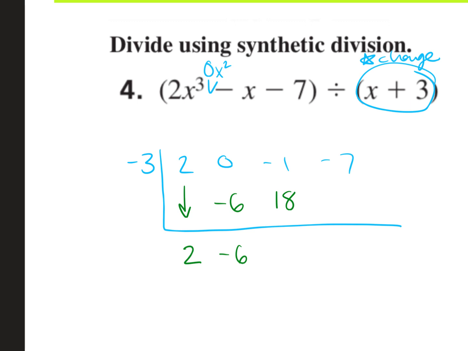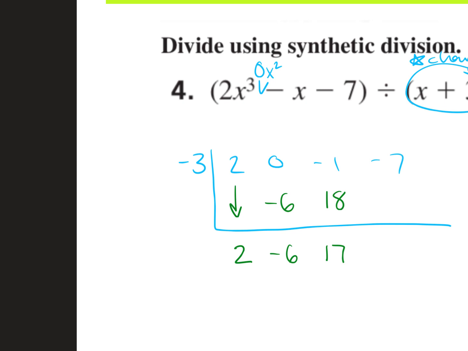Negative 1 plus 18. 17. Negative 3 times 17. Let's write it down. 17 times 3. No, it's not 84. What is it? 51. Negative 51. And negative 51 minus 7. Negative 58.